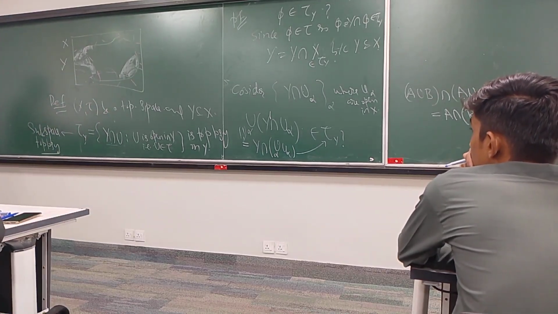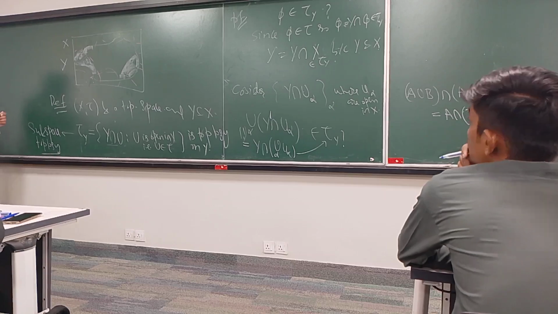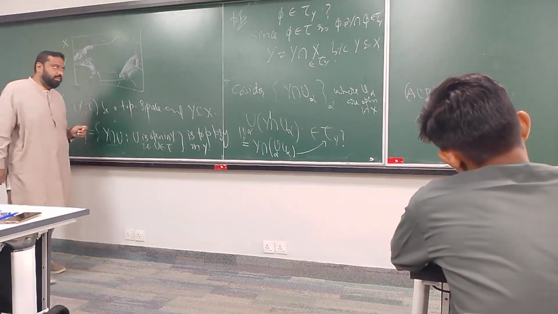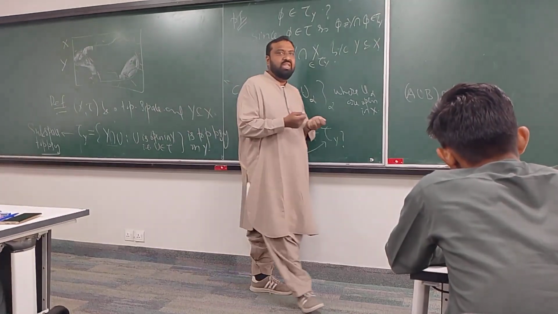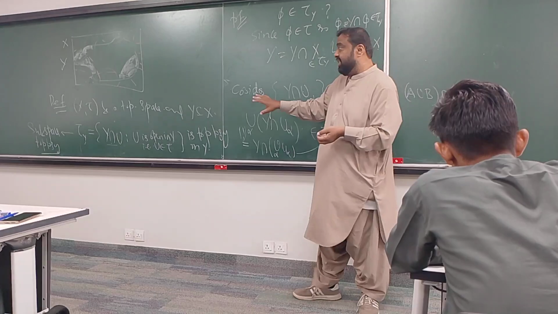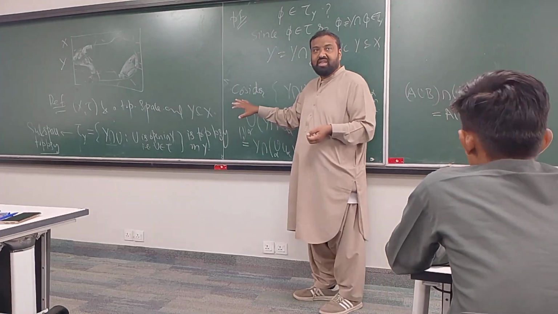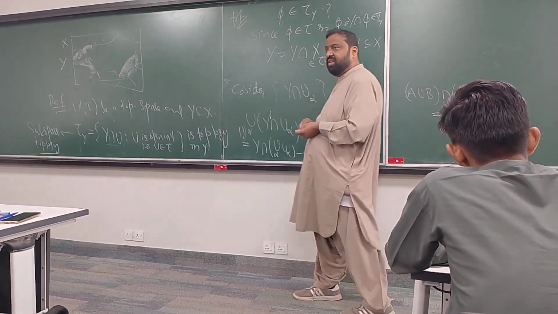So this is like creating a new topology out of an existing topology. Last time we saw how, by taking the cross product of two topologies, you can create a third topology out of it. So that's another recipe for creating a topology.